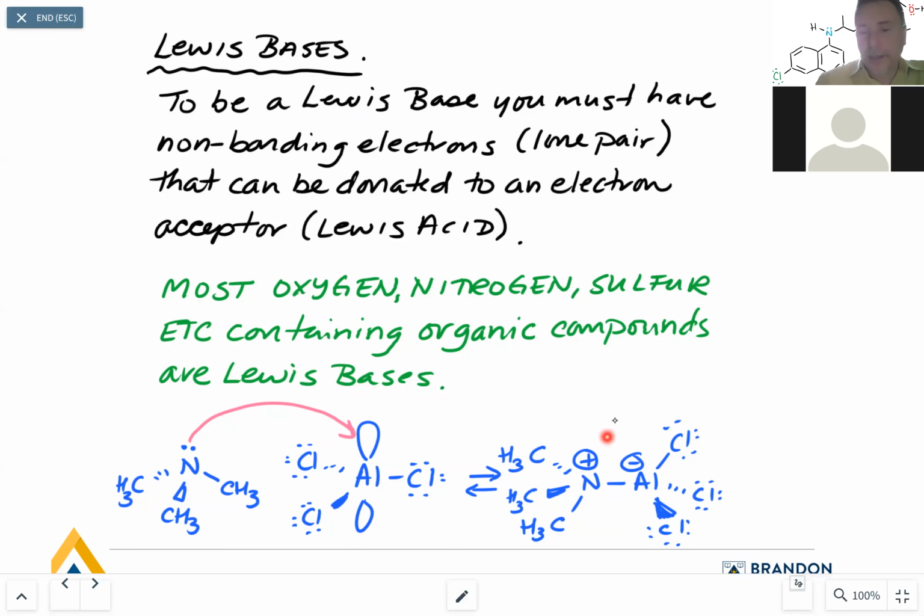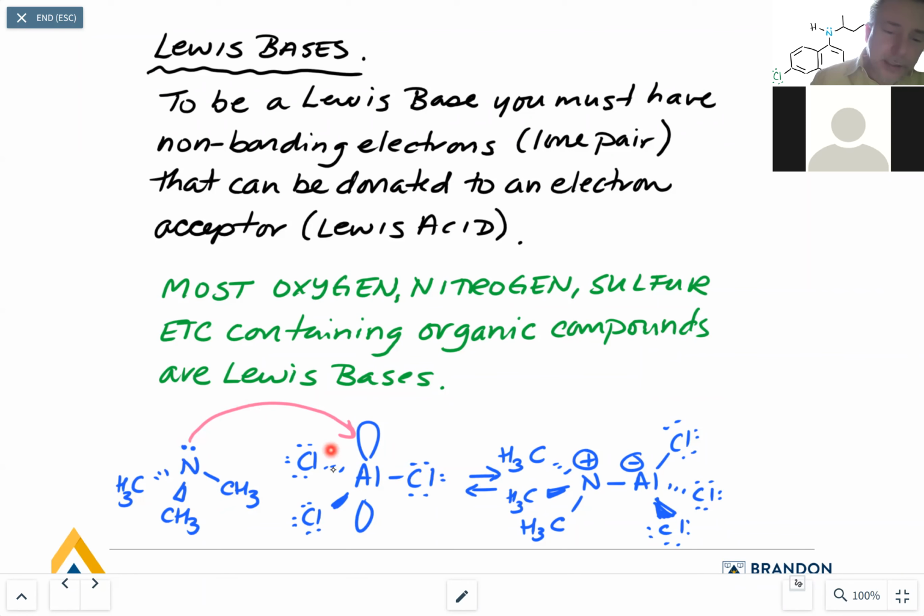So most oxygen, nitrogen, sulfur containing organic compounds are Lewis bases. Here we've got a tertiary amine, so a nitrogen which is bonded to 3 carbon atoms.